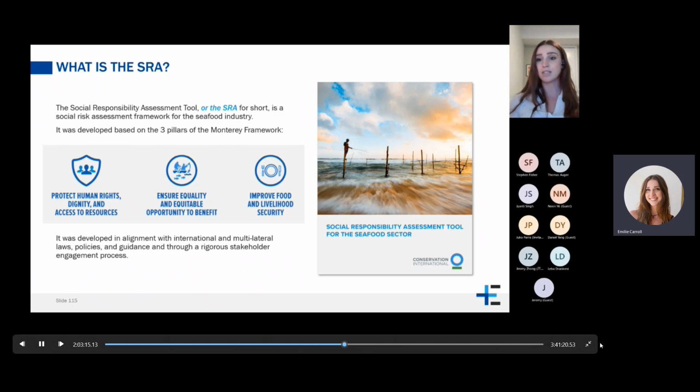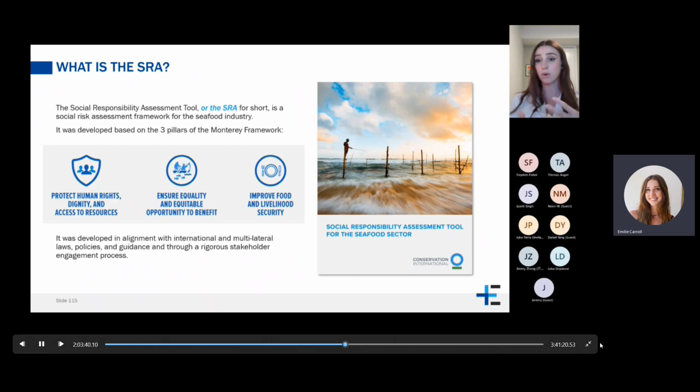The SRA was really meant to encompass all topic areas of social responsibility. So where a standard might be focused in one particular area and have a very direct, narrow focus, the SRA itself is able to cover everything because it's really just a risk assessment. And as an open access tool, it can really be used in a number of different ways.